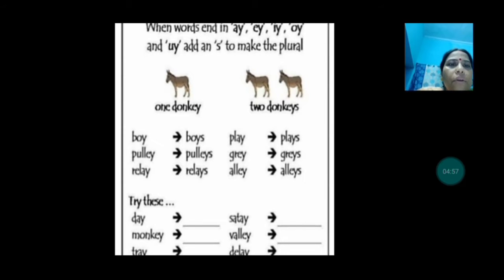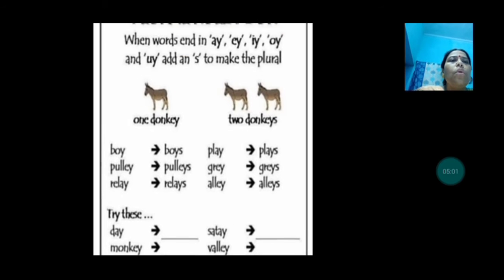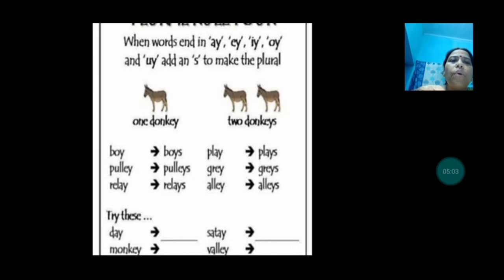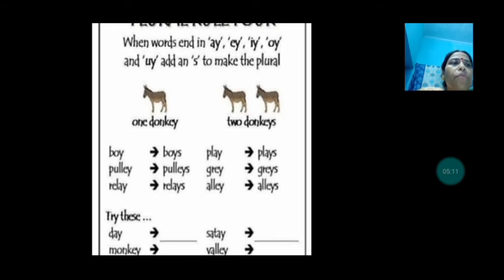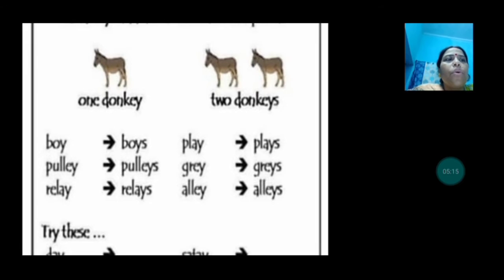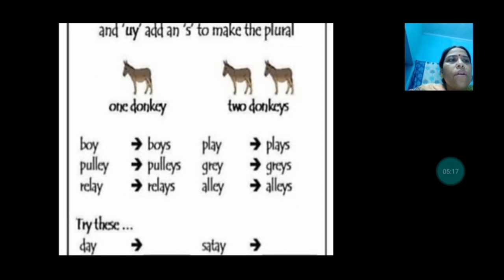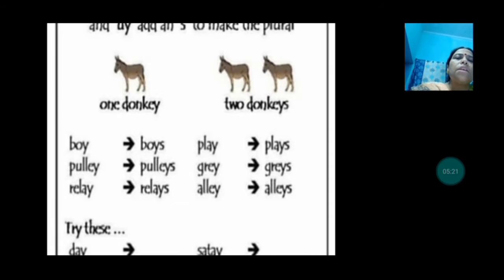Now in these words, can we remove y and add ies? No, we can't remove y and add ies, like in donkey. Why is it so? Because before y there is not a consonant. In all the words before y we see a vowel.